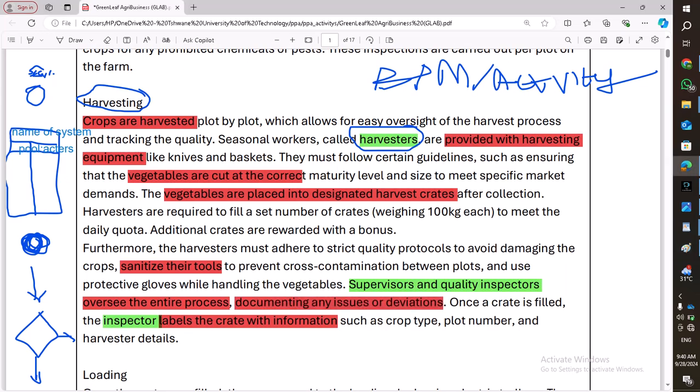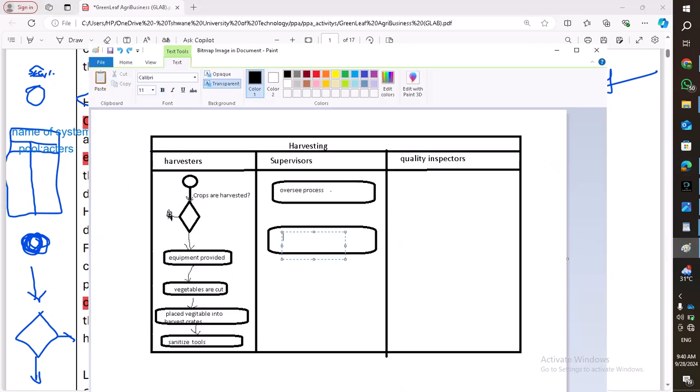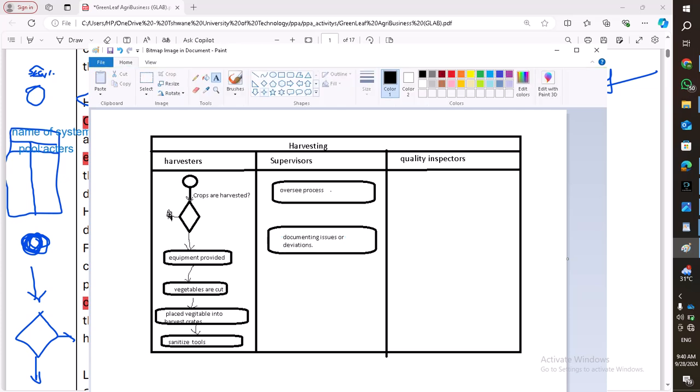Let me go back and copy document issues.